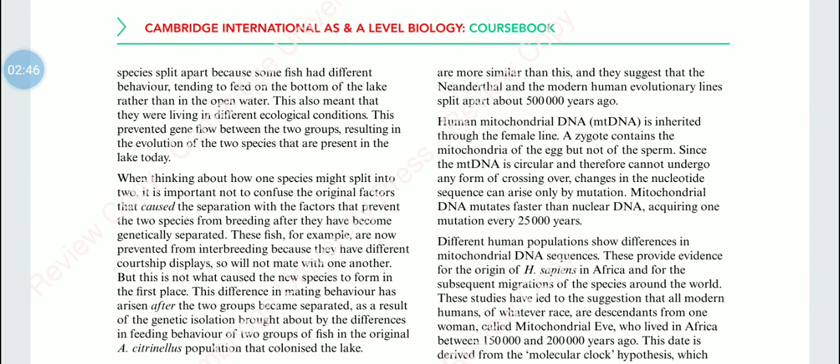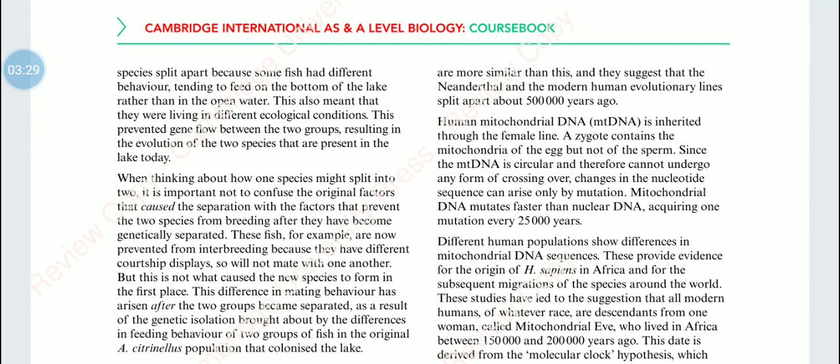Now there is something called human mitochondrial DNA, that is from the mitochondria. This DNA is inherited from the female line, not from the male line. So the zygote would contain mitochondria of the egg but not from the sperm. Because mitochondrial DNA is circular and can't undergo any crossing over, the changes can happen only by mutation.